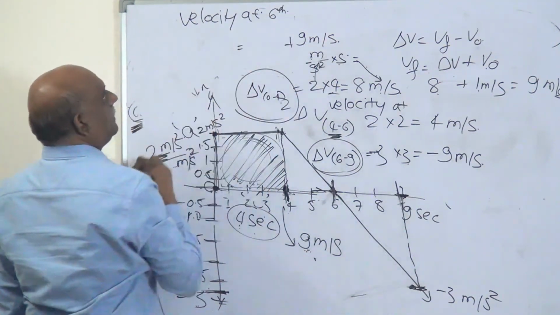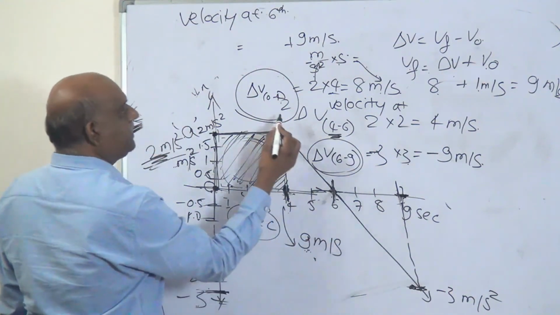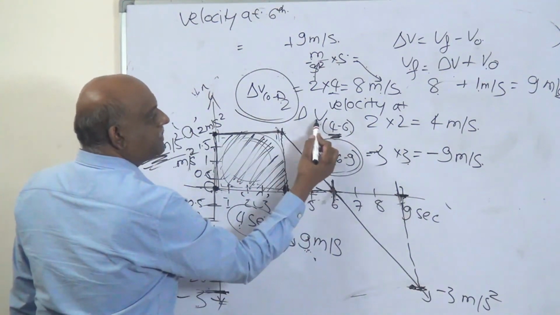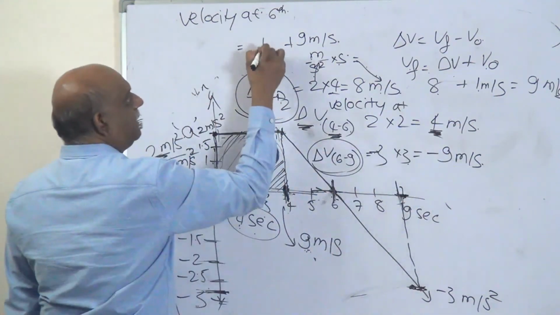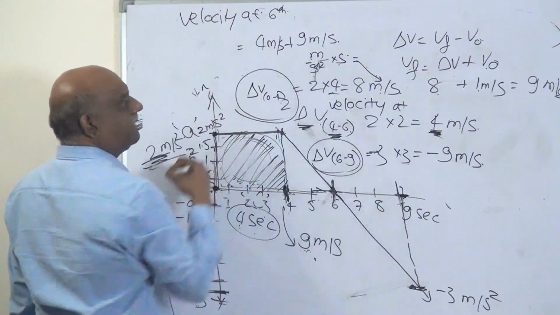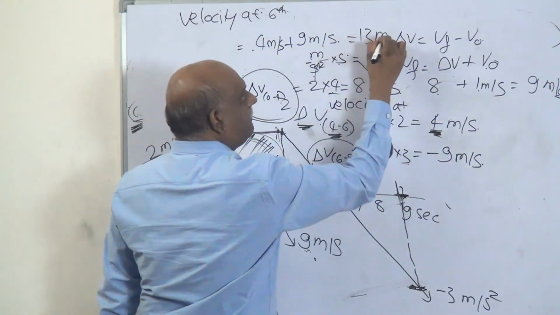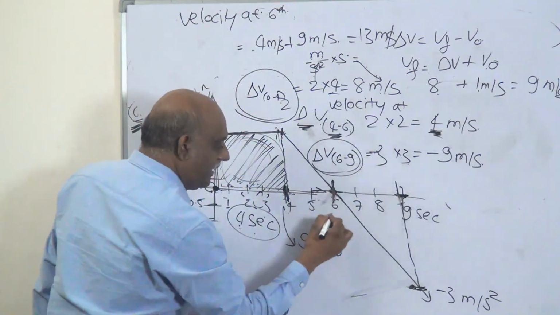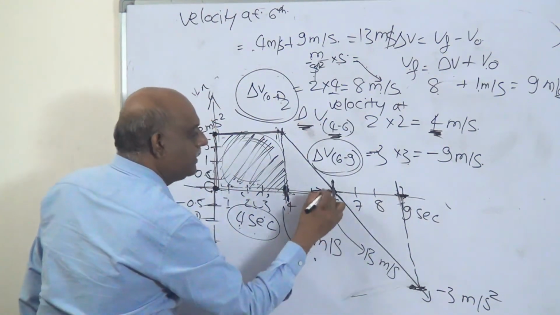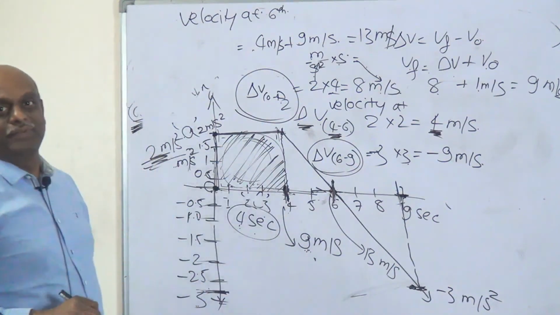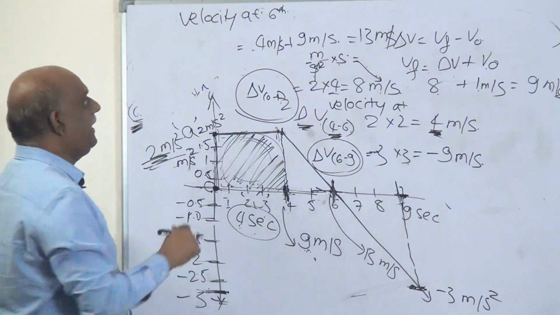Plus, what is the change in velocity from 4th to 6th second? From 4th to 6th second already we calculated it is 4 meters per second. So 4 plus 9 is 13 meters per second is the velocity by the time you go on to the 6th second.